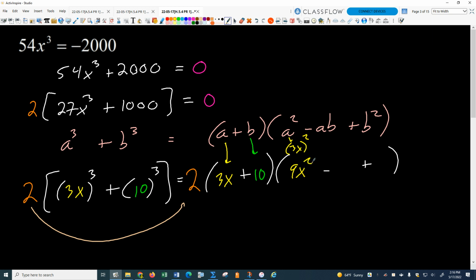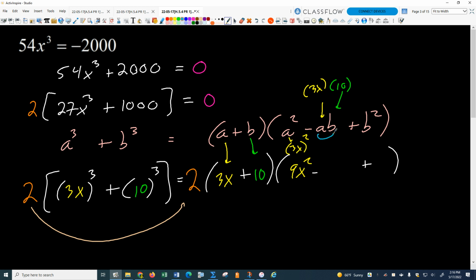So I'm getting a 9x squared minus, okay, a times b. Well, a, remember, is 3x, and b is 10. So together, 3x times 10, I'm subtracting 30x, right?